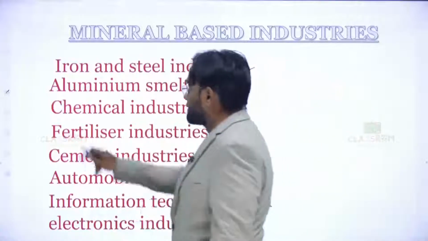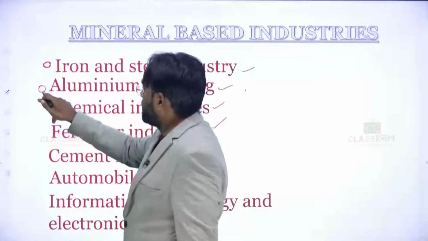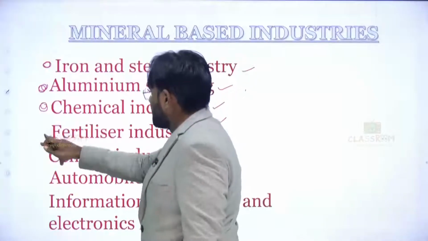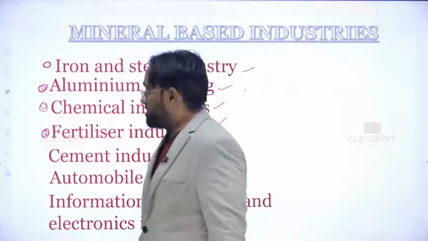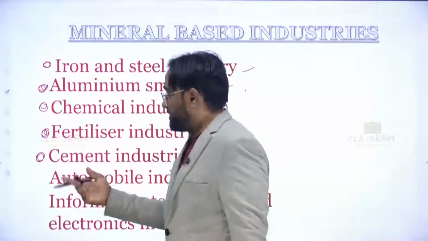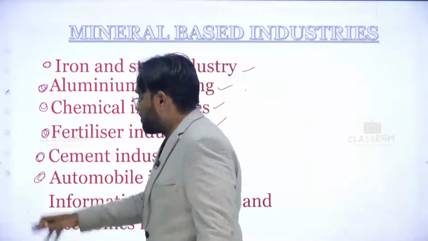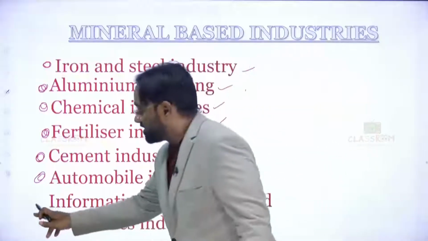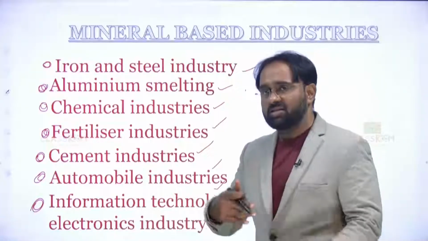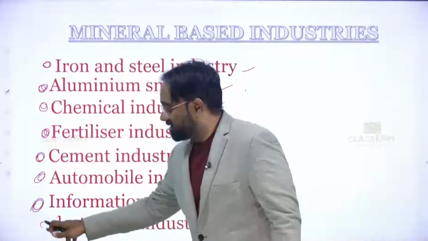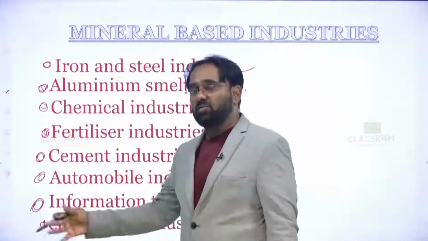Remember these: iron and steel, aluminum smelting, chemical industries, fertilizer industries used in agriculture, and cement industry for construction activity, automobile industry, for our machines and vehicles, and information technology, the software, all these apps and applications, and the electronics industry. Both are almost interlinked.